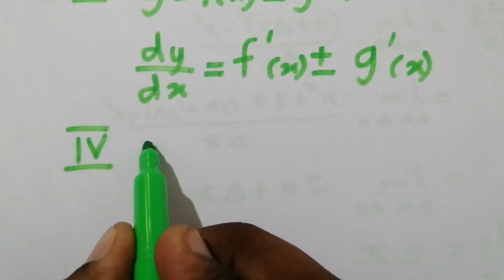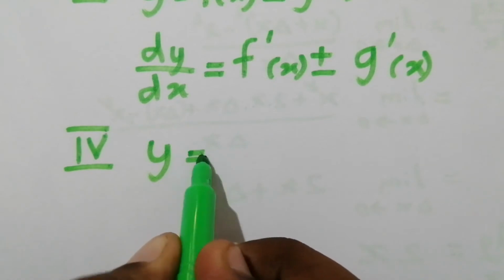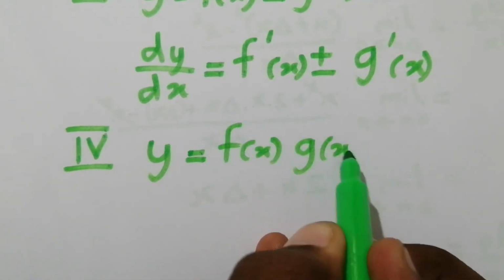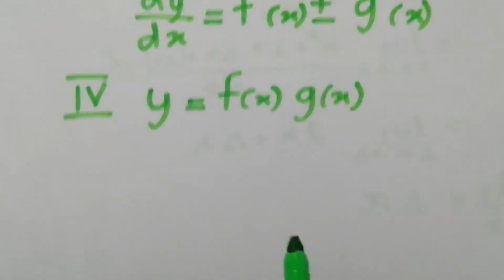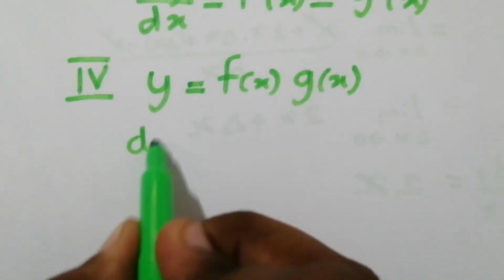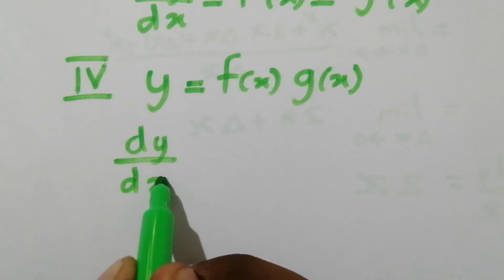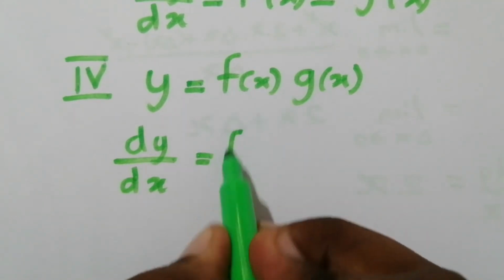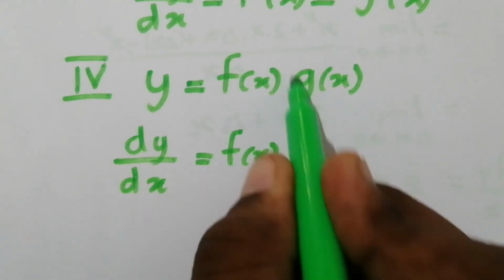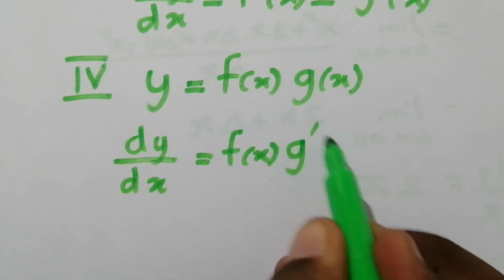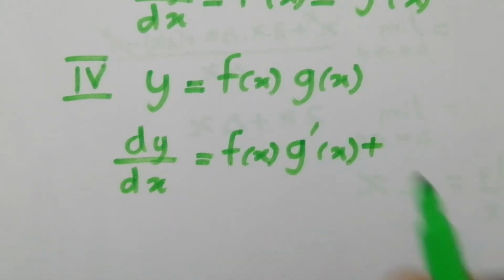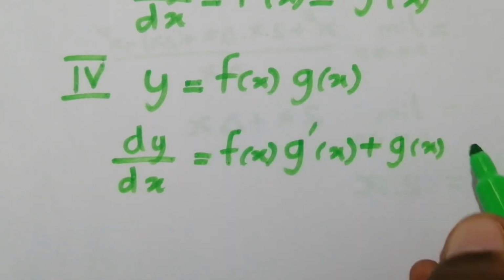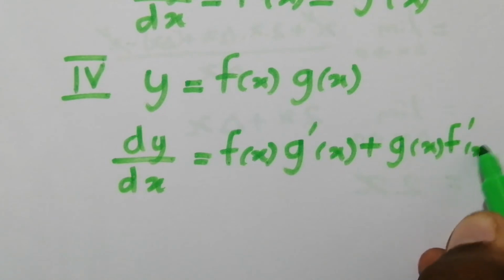The next one, when y is equal to a product of two functions f(x) g(x), then we can write dy upon dx is equal to f(x) times the derivative of g(x), which is g dash x, plus g(x) times the derivative of f(x), which is f dash x.